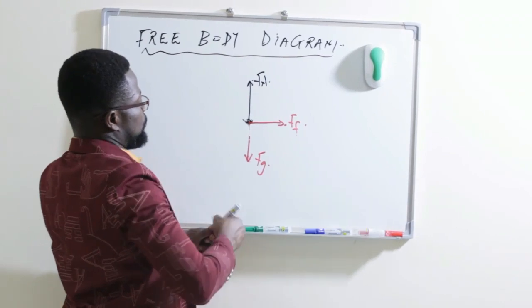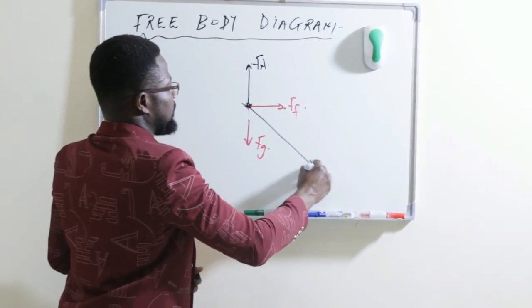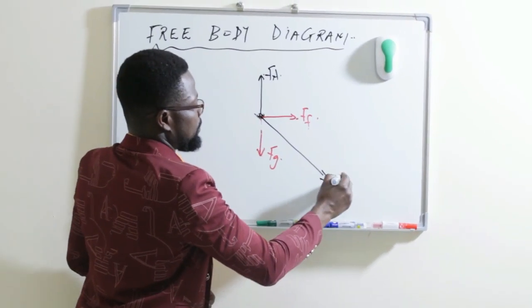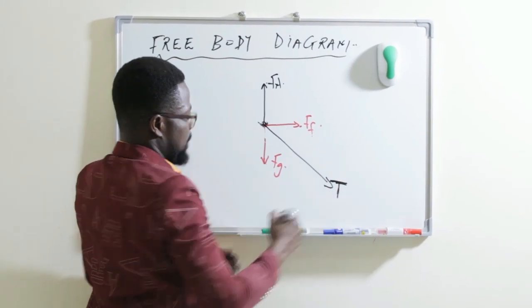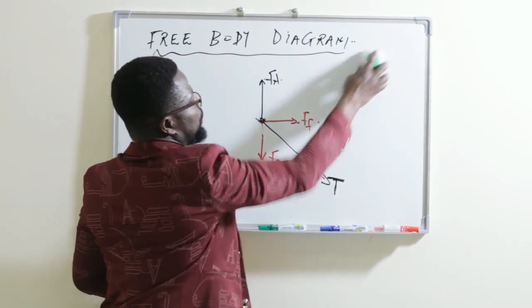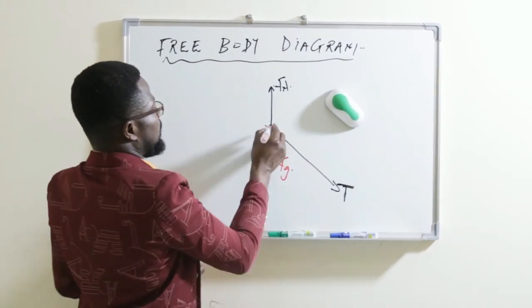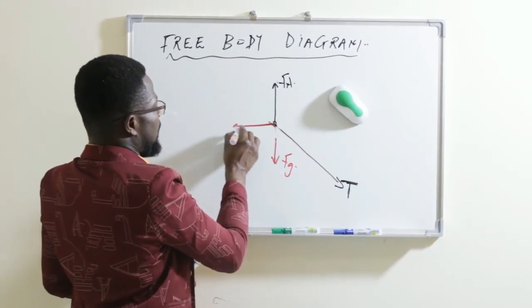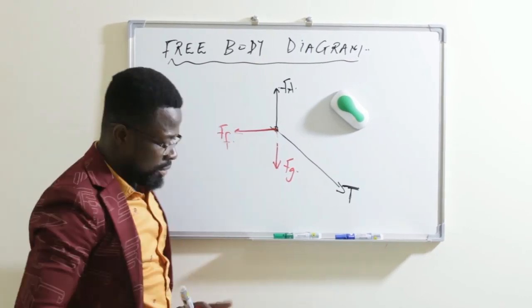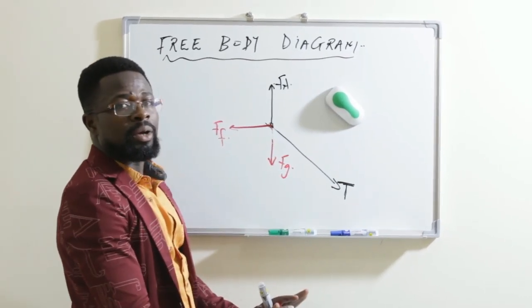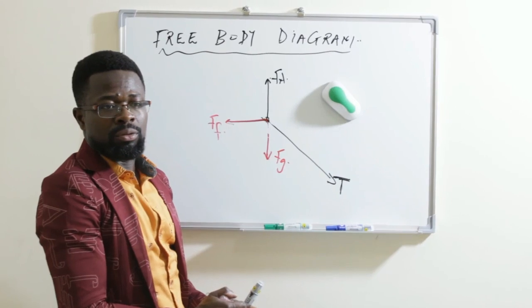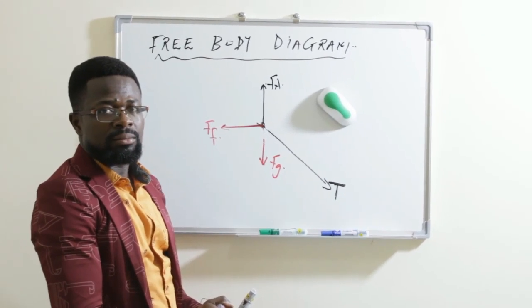And we'll have the applied force in this direction, T here. And the friction is no longer going to be on this side, but the friction will go in this way. So I am pushing this way. So it can be a push or a pull. Take note of that.